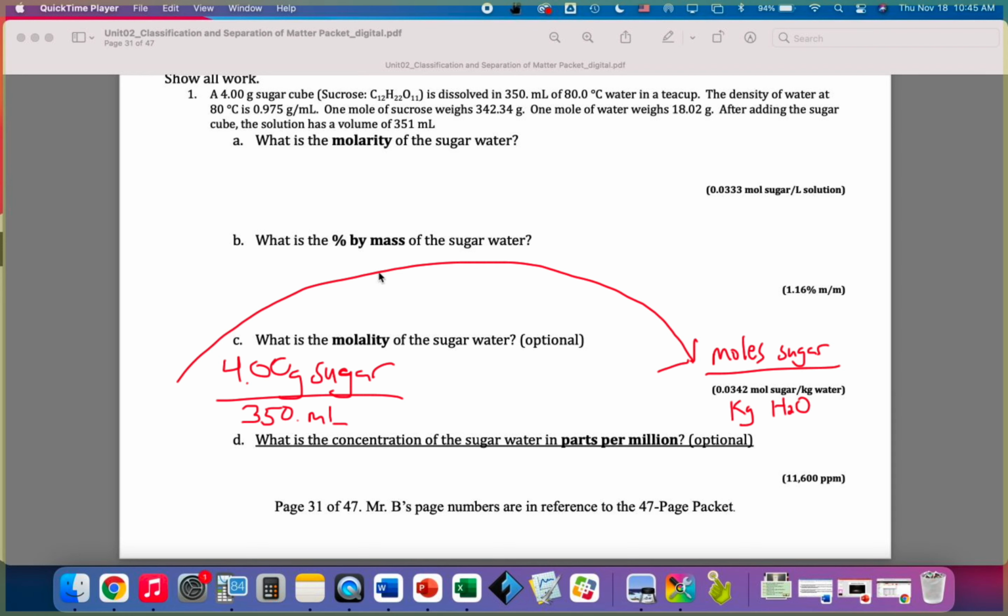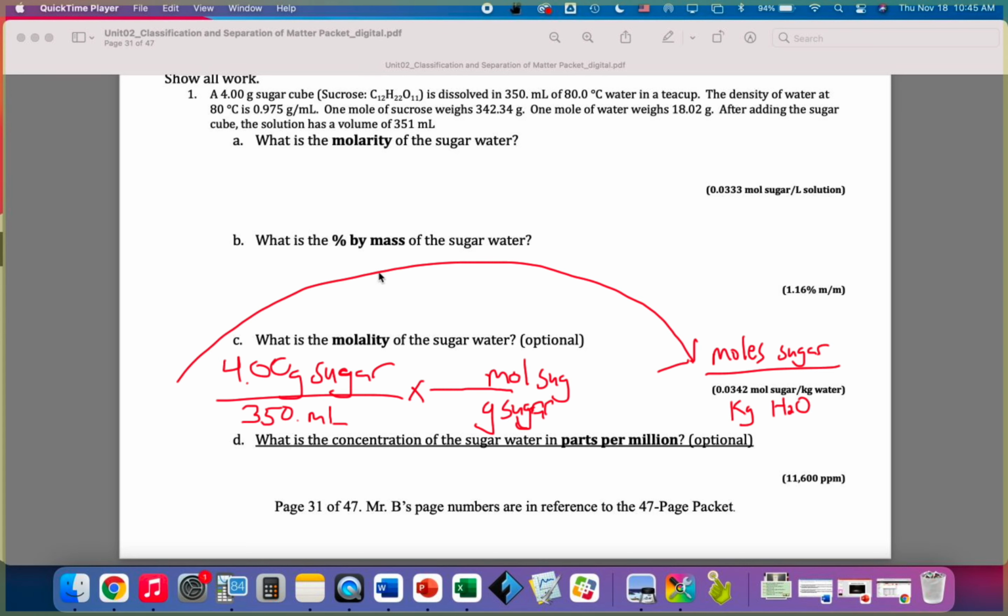So I can easily go back and fix both of those. Probably the easiest one to fix would be the sugar. So we know we're going to have to cancel the grams of sugar, and we're going to go to moles of sugar.